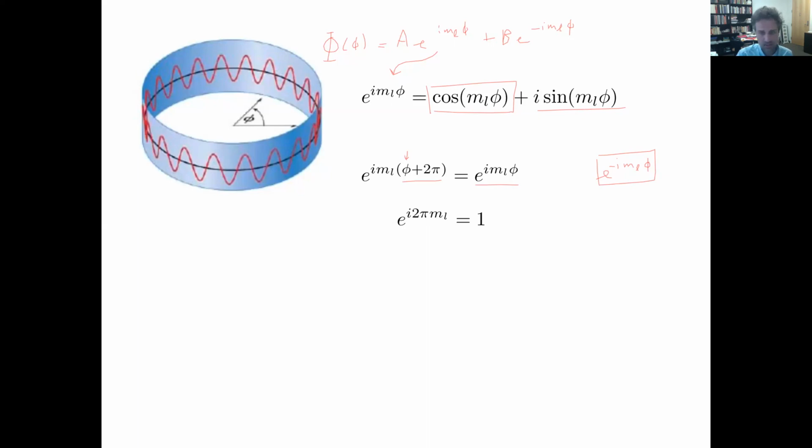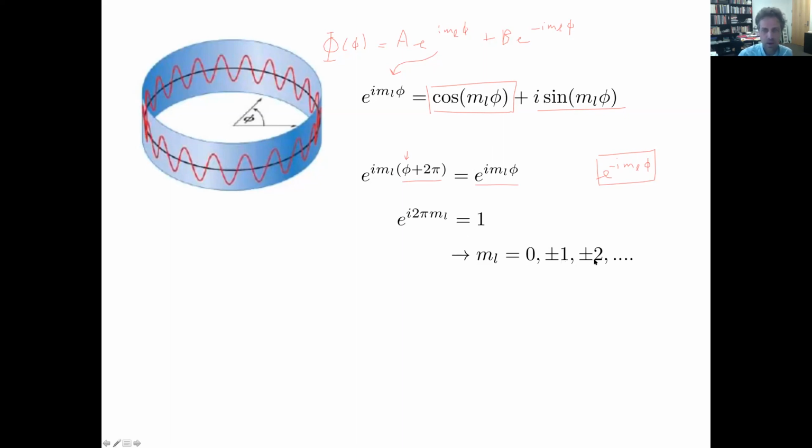This condition is only true if ml is an integer: 0, plus or minus 1, plus or minus 2. Every time ml is one of these values, the condition above it is fulfilled. It's basically Euler's formula. Every time ml is an integer, this condition is fulfilled.